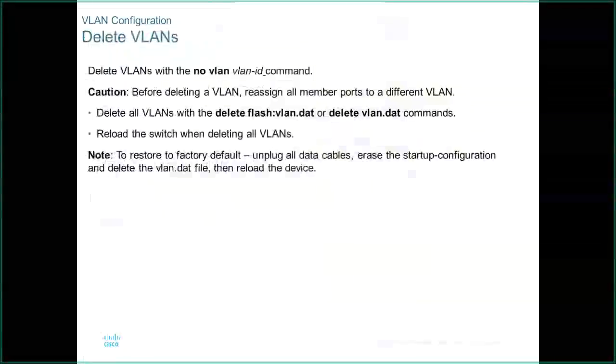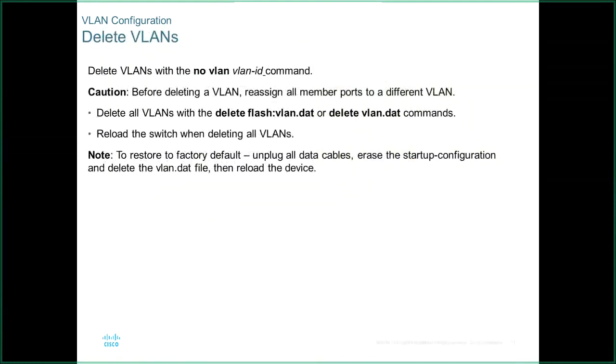When you wish to reset it, remove all your VLAN configuration, you must delete all the VLANs from the vlan.dat file after you remove the VLANs with the no vlan and VLAN ID command.